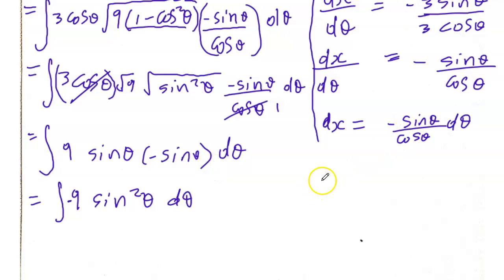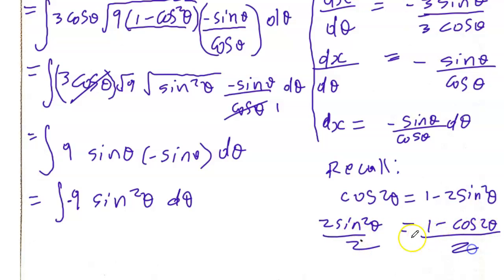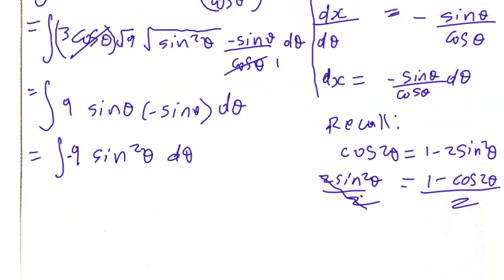Now you recall the double angle: cos 2 theta is 1 minus 2 sine square theta. So I can transpose sine square, so 2 sine square theta is equal to 1 minus cos 2 theta. Divide both sides by 2. So sine square theta is (1 minus cos 2 theta) over 2.